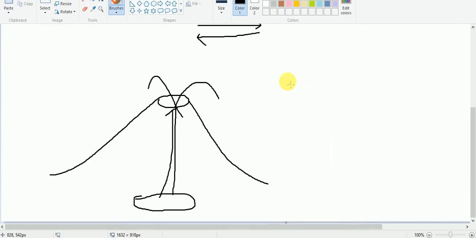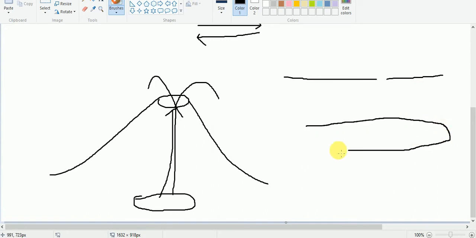Let us suppose this is a mining area, and here mining activity is going on in the earth interior, and here we are digging a shaft tunnel, and people are working here. So miners are working here, and sometimes the roof of the mining area may collapse.